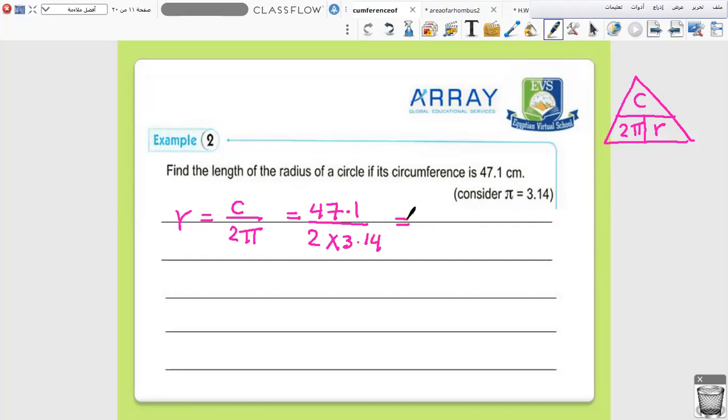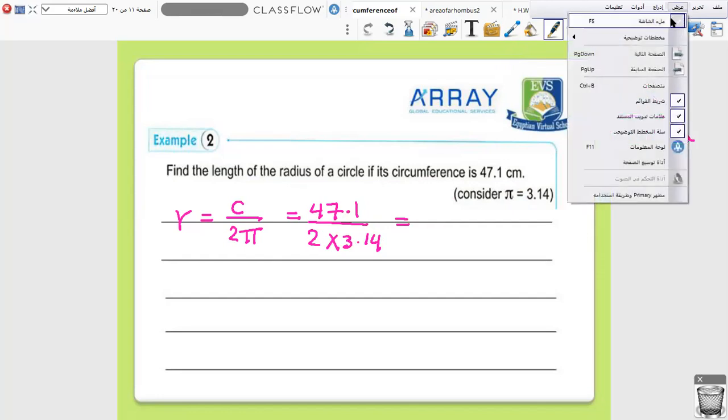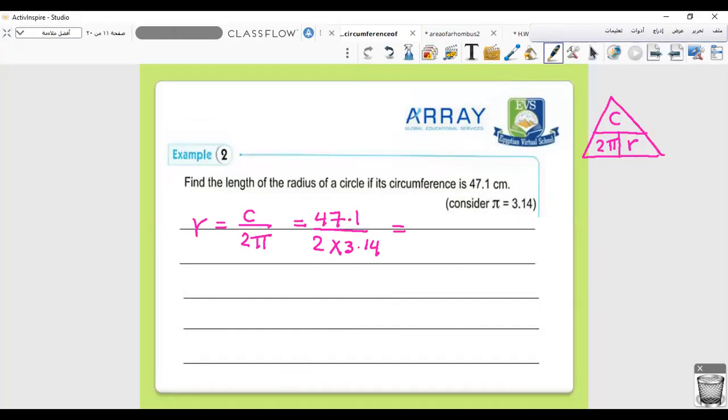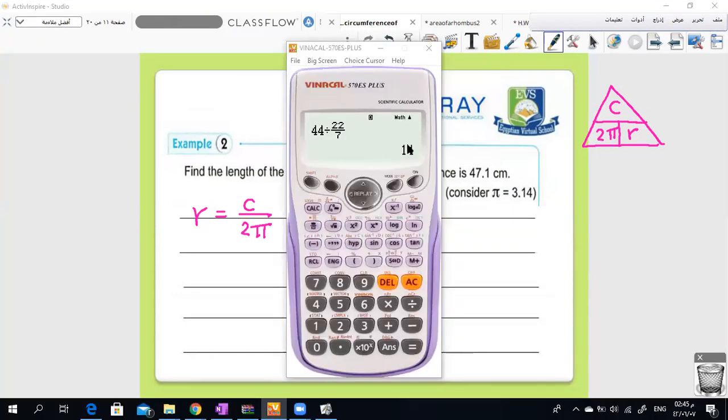and I can use my calculator. I want to show you how to use the calculator. My calculator is here. I'm going to share it with you. This is the fraction sign.